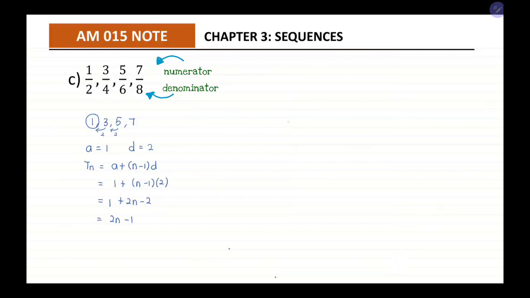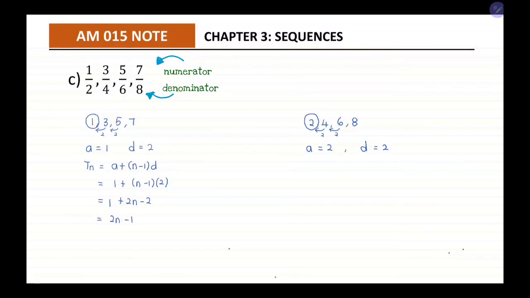Now we continue with the sequence for the denominator. The sequence for the denominator is 2, 4, 6 and 8. Okay, from this sequence, our a is 2, the first number of the sequence. And this one also uses d equals 2. 4 minus 2 is 2. 6 minus 4, we get 2.